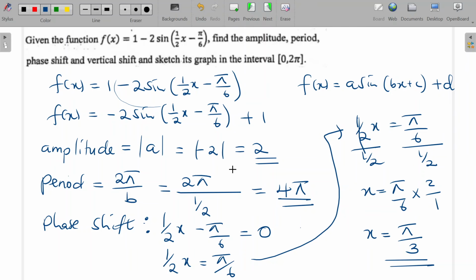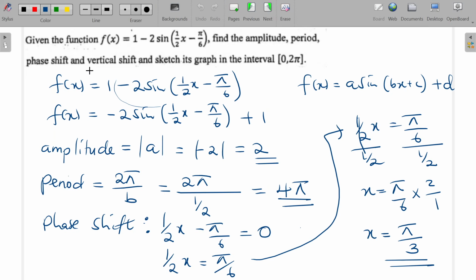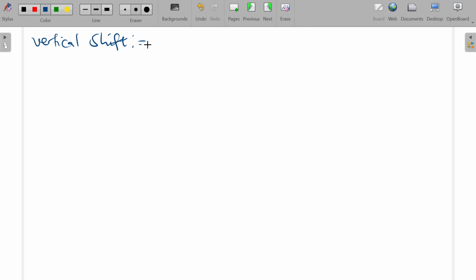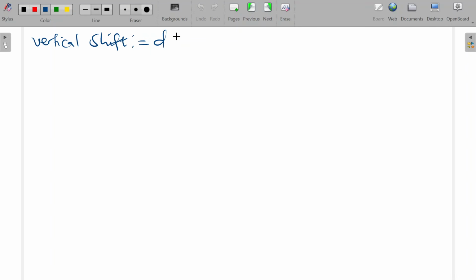Okay, so after you've solved your phase shift, what is your vertical shift? You need to realize that your vertical shift is just the D. In this case, our D is plus 1, meaning that our vertical shift is 1.